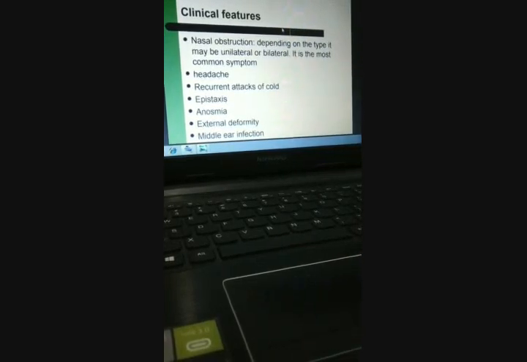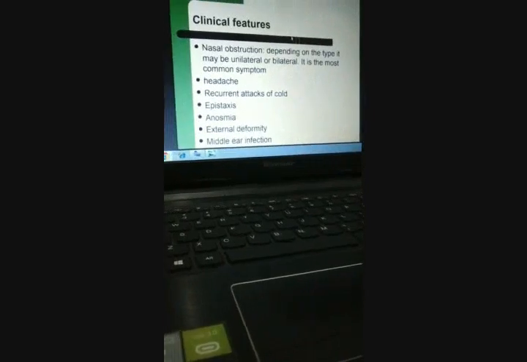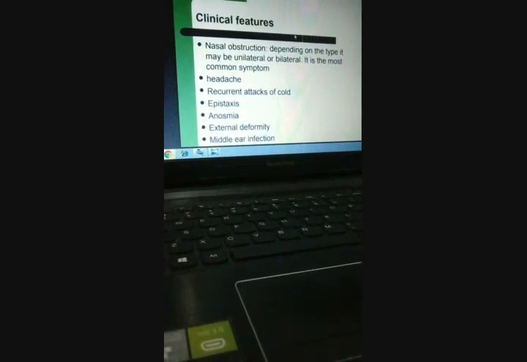So the obstruction may be either unilateral or bilateral. Respiratory currents pass through the upper part of the nasal cavity. Therefore, high septal deviations cause nasal obstruction more than the lower ones.